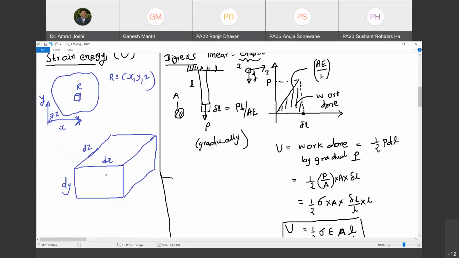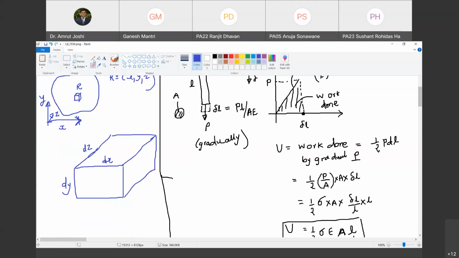So I can safely assume that over this infinitesimally small volume, they all remain constant. Do you agree with me?